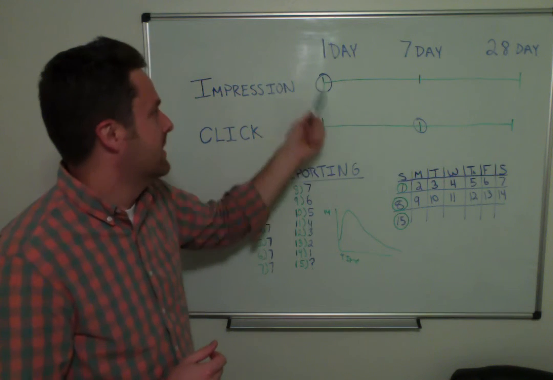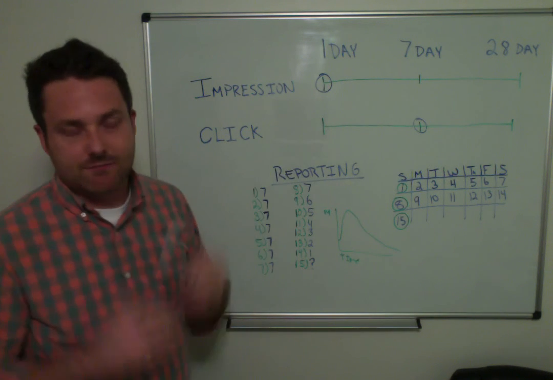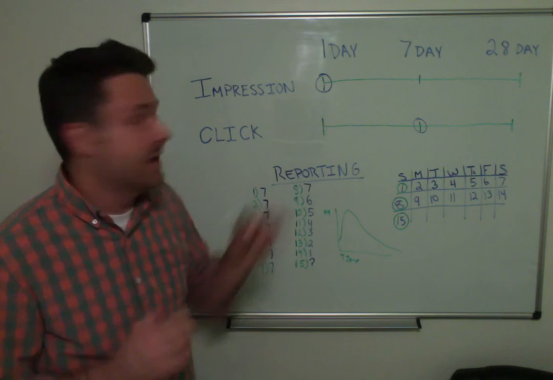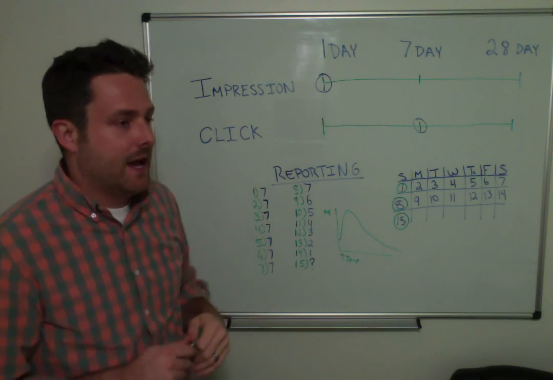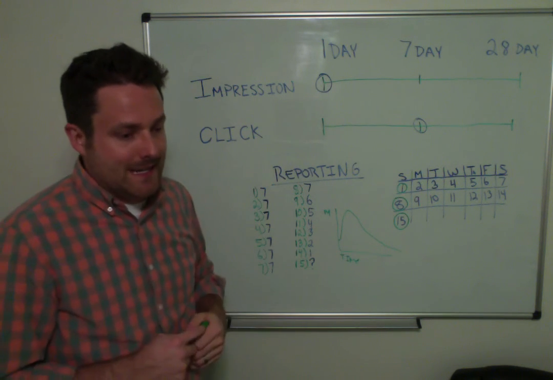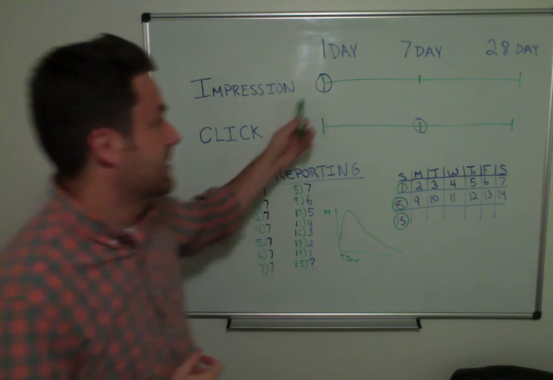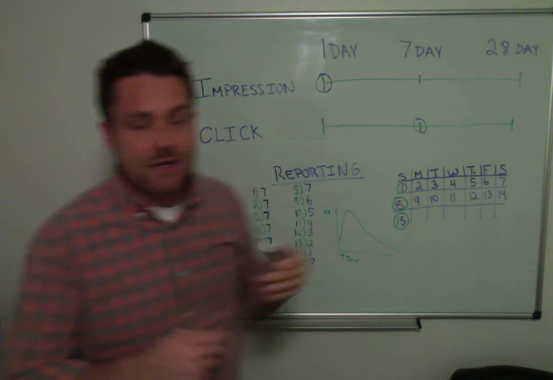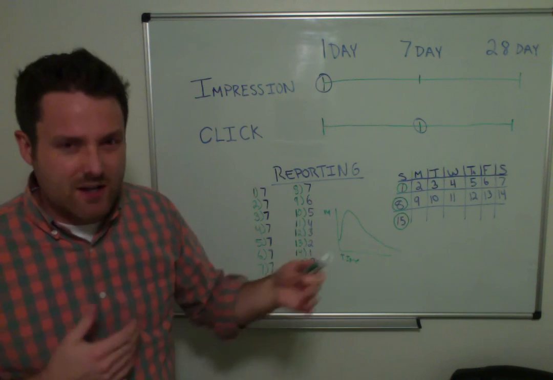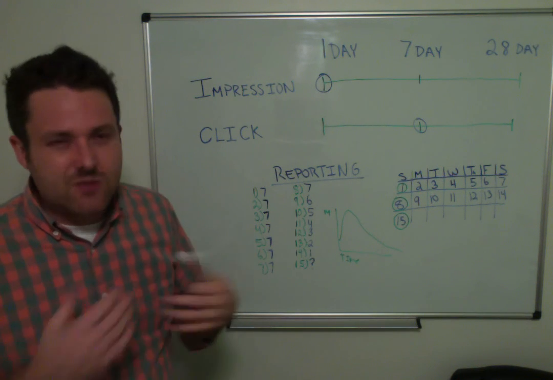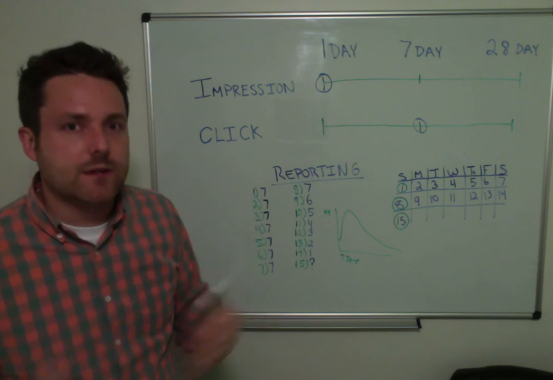Maybe a 1-day impression and a 1-day click is all you need, or even just a 1-day click and no impression data. If you're selling something like a car, it's a high consideration item. You may want a 28-day window because it has a longer consideration cycle that users have to go through, and you want to make sure you are attributing that data properly.